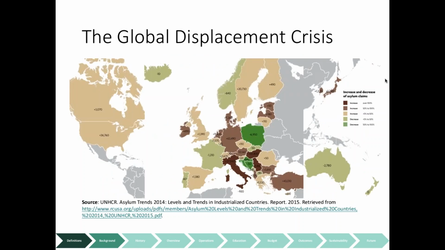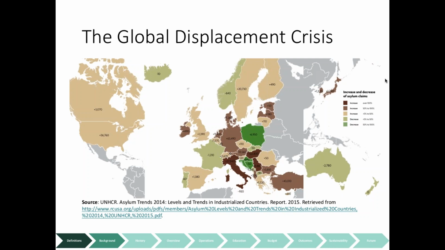This represents the geographic distribution of asylum claims in 2014. As you can see, the darker the color, the higher the percentage of increase. In the United States in 2014, we saw an increase in 36,000 or 37,000 claims, which was an increase anywhere between 0 and 50%. And you can see in Europe, particularly in Italy, they've been hit hard with the number of claims going up.